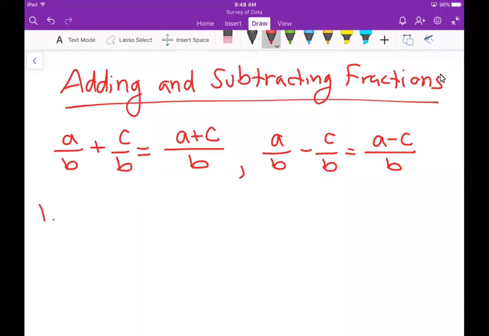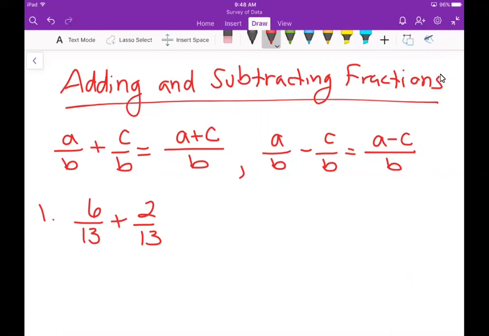We can take 6/13 and add 2/13 to that. This is your easiest type of addition with fractions because you already have a common denominator. That denominator, when I'm adding and subtracting fractions, is kind of like a common unit. I can take 3 apples and add 2 apples and know that I have 5 total apples.